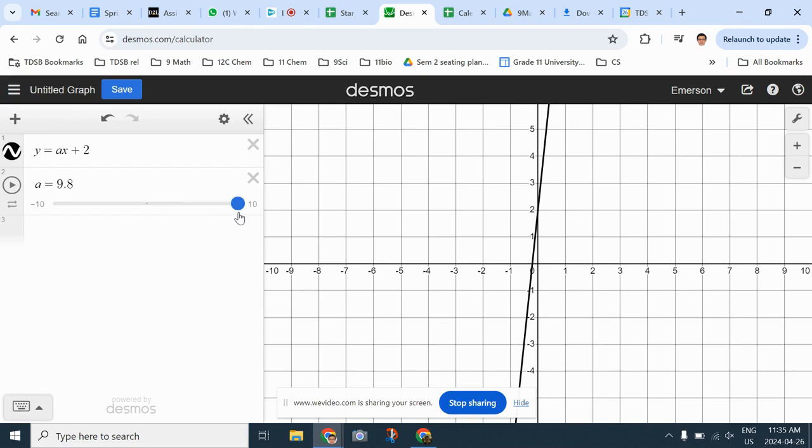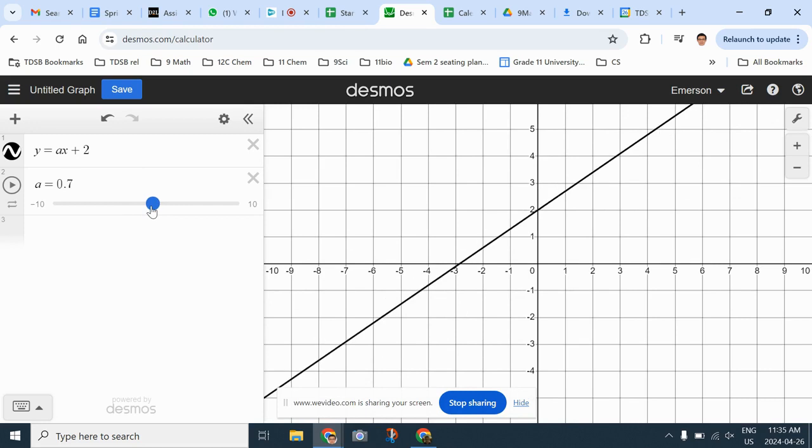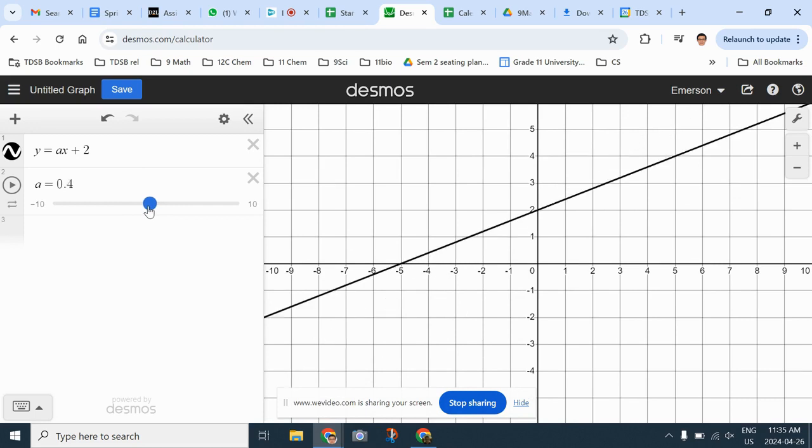Okay. Now, step number 5, you move the slider slowly from 1 to 0, but stay above 0. So I'm going to go back to 1. So this is 1. Now let's just say 0.7. Okay. How does that line look now?